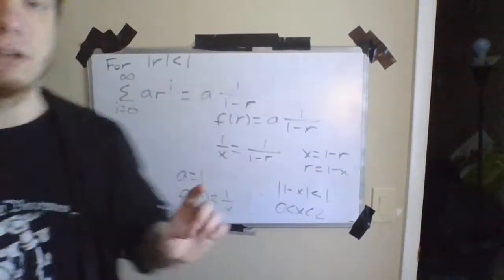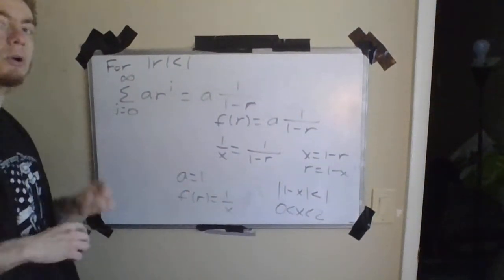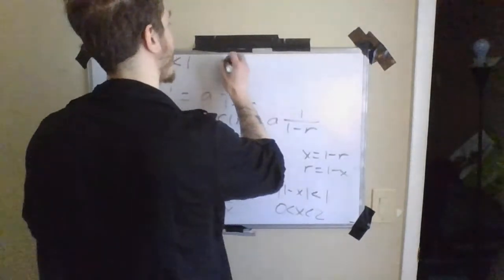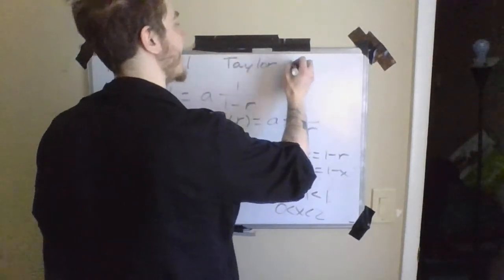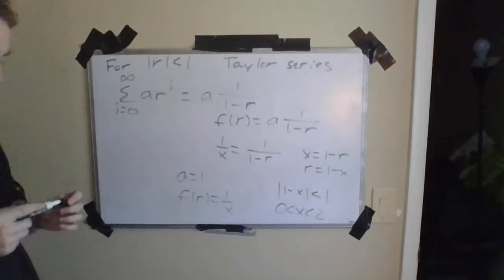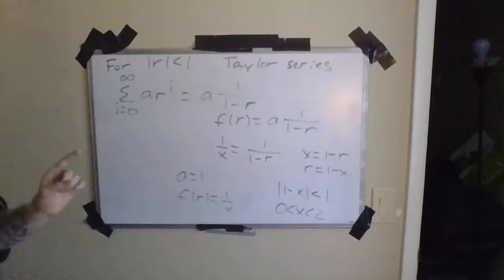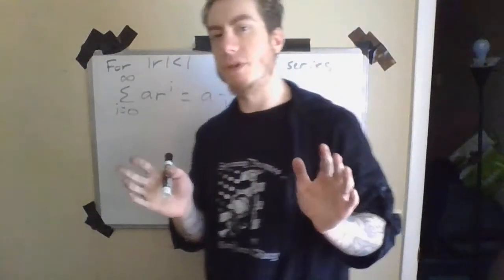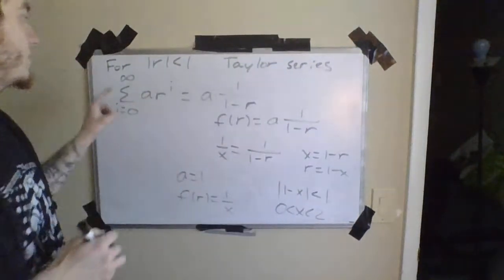And this is a very interesting observation, and it's something we're going to come back to later. We're going to come back to this with a topic known as the Taylor series, because it turns out that many nice functions can be represented, at least on a portion of their domain, as a series expansion.